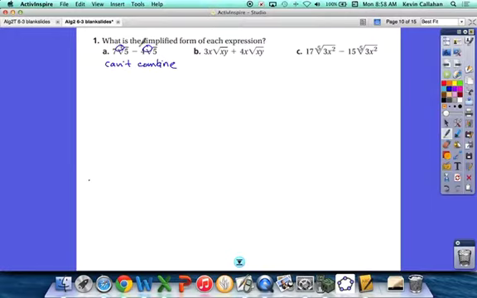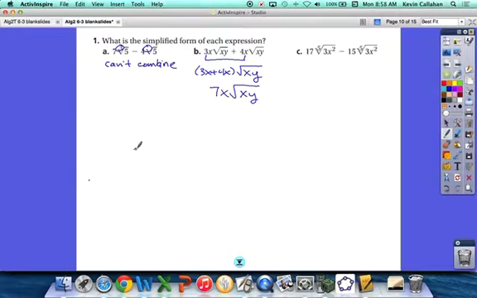So how do we combine 3x times the square root of xy plus 4x times the square root of xy? You add the coefficients. That's 3x plus 4x times the square root of xy, which is 7x times the square root of xy. Just combine the coefficients of the radicals.